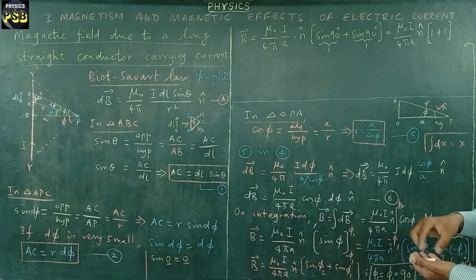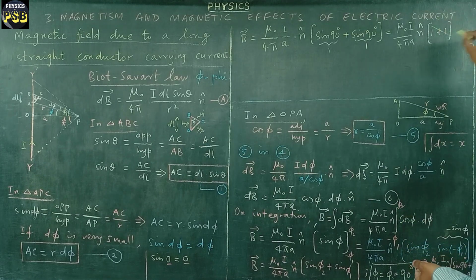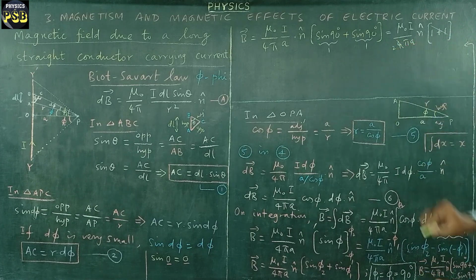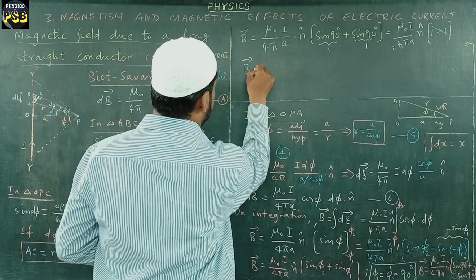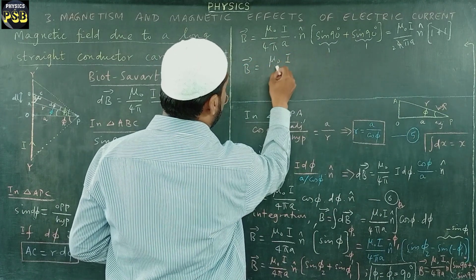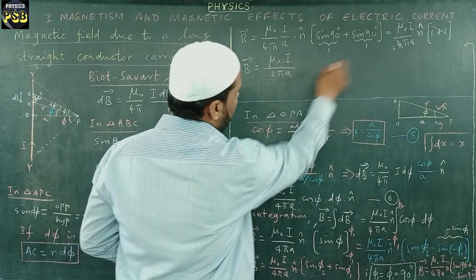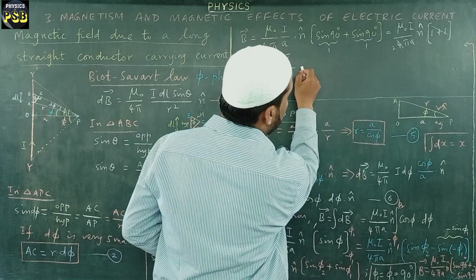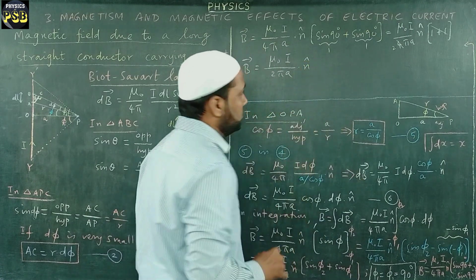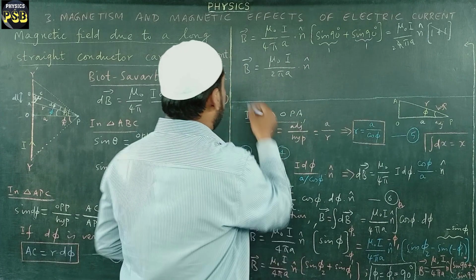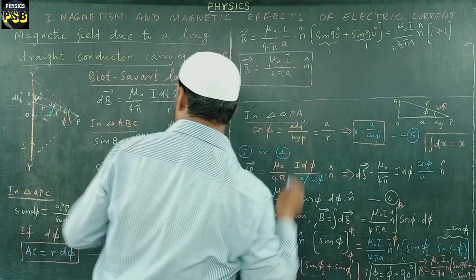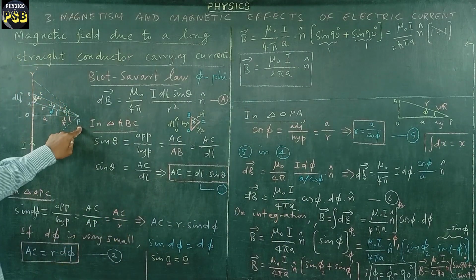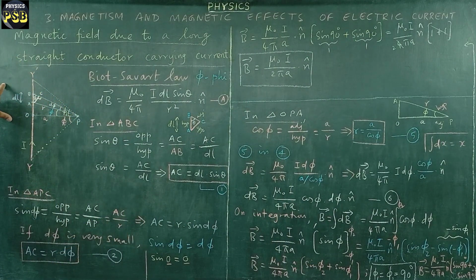So this and this will cancel. It is 2. The next step, the value of B vector is found to be equal to μ₀ I upon 2π a n cap. This is the final expression that represents the magnetic field at point P due to a straight long conductor carrying current I.